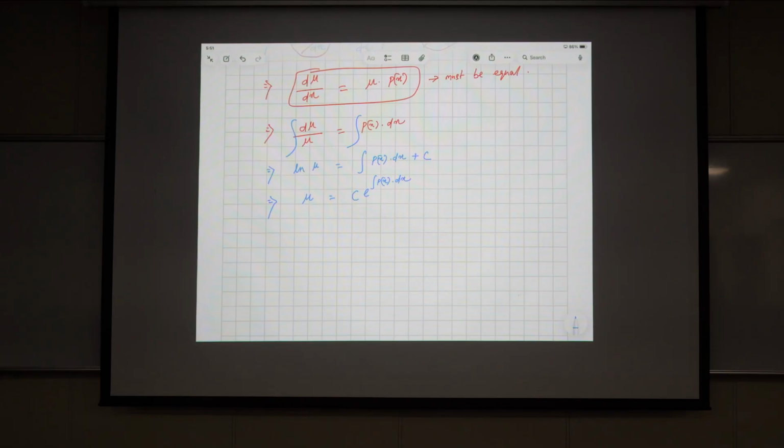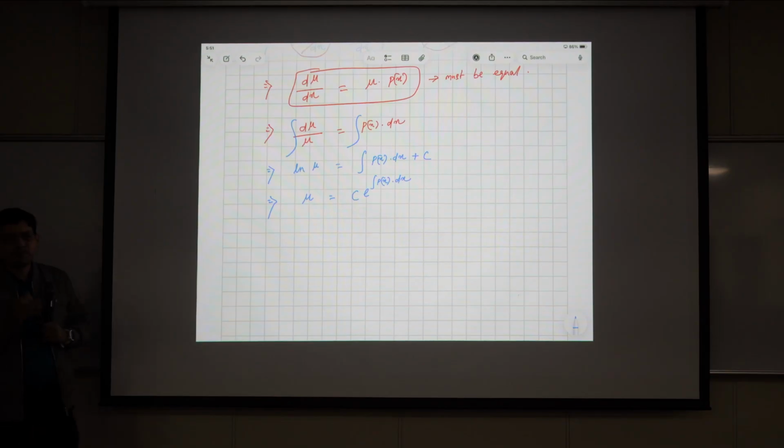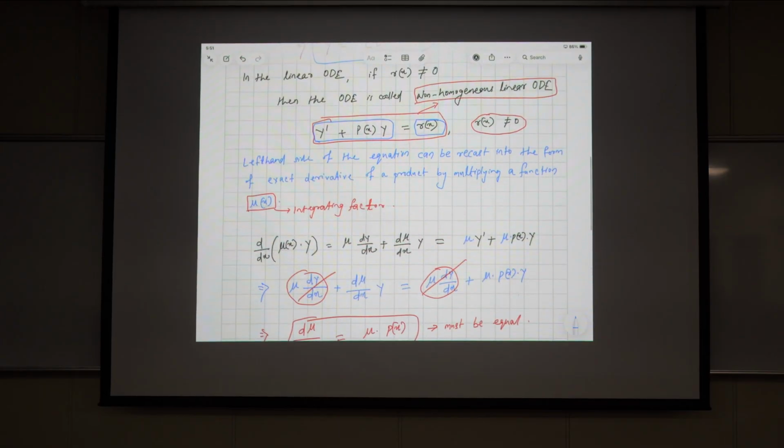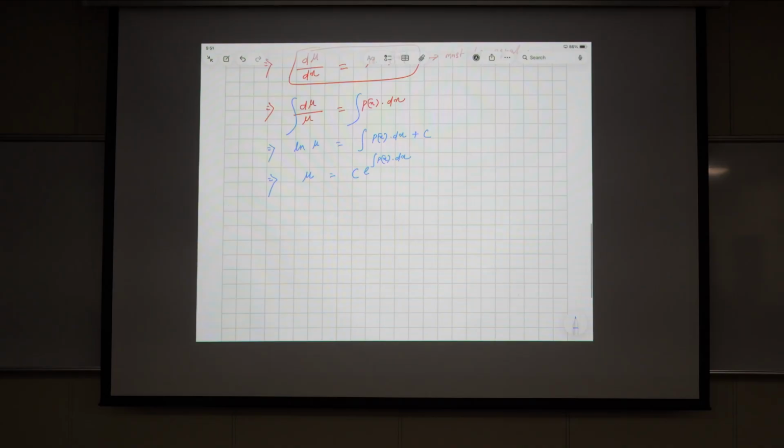So the function that needs to be multiplied with this function is mu. So we got how to calculate that one. That means it is a way we can find out exactly what the integrating factor is. Just like in the previous chapter, we applied different methods to find the integrating factor, now here we apply this method to find what that mu is. Now we have the integrating factor.